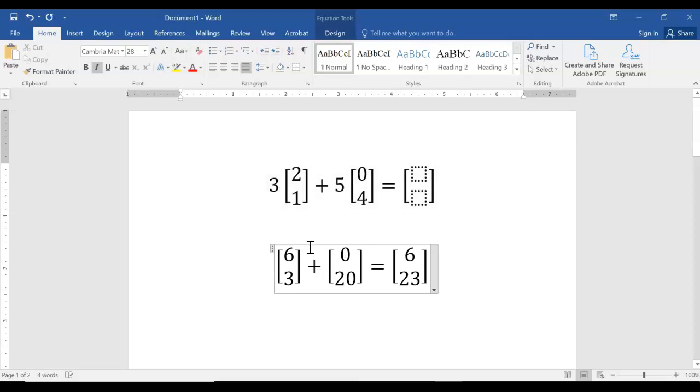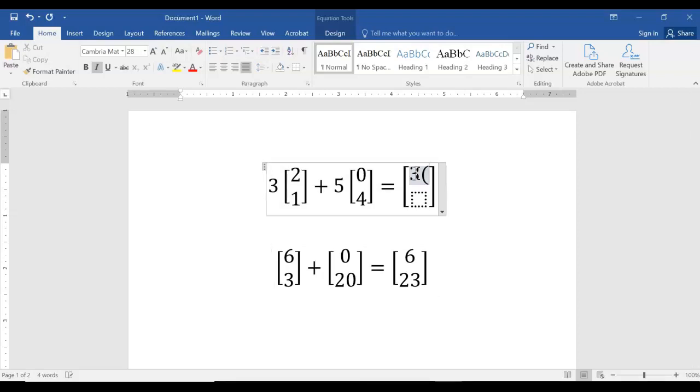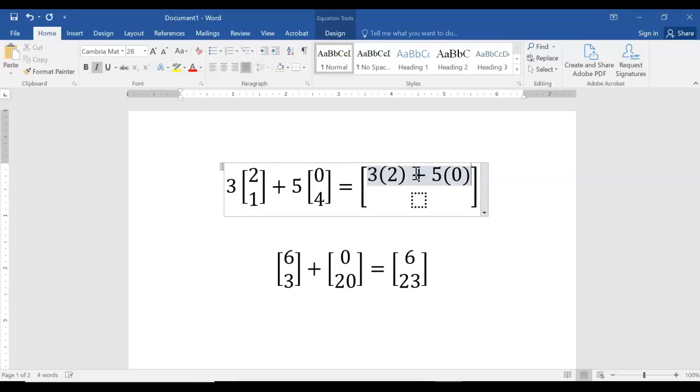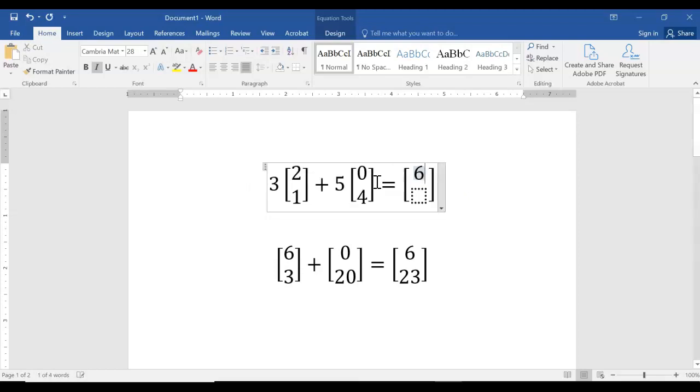Another way you can think about this is notice that when you took 3 times 2, that stayed in the top entry. 5 times 0 stayed in that top entry. And then we're going to add top entry to top entry. So if you want to decide what the top entry is going to be in this 1, 1 spot, it's going to be 3 times 2 plus 5 times 0. You can write that into your calculator, and obviously that's going to give us a 6.